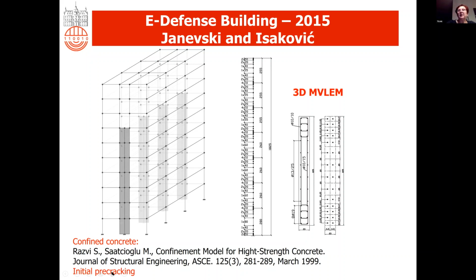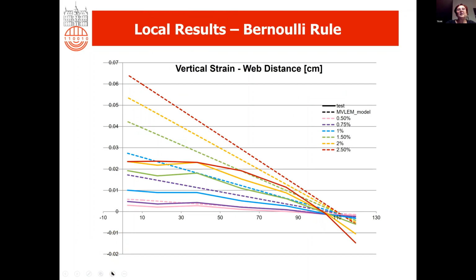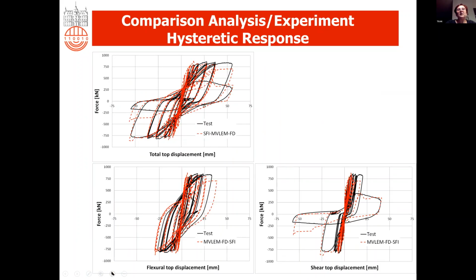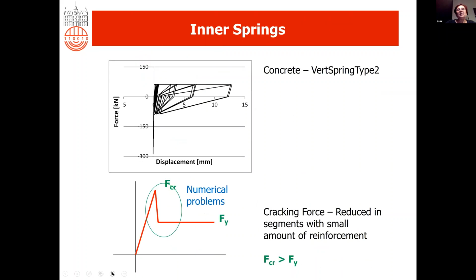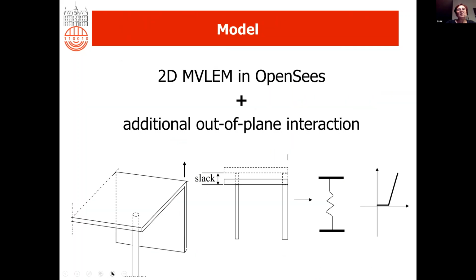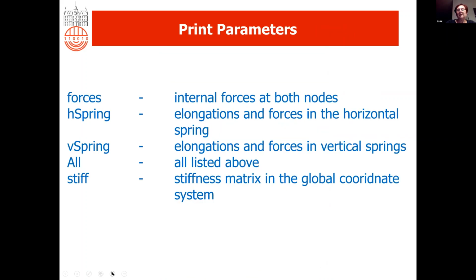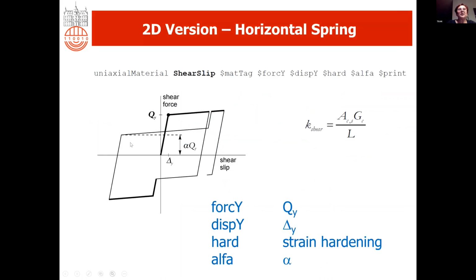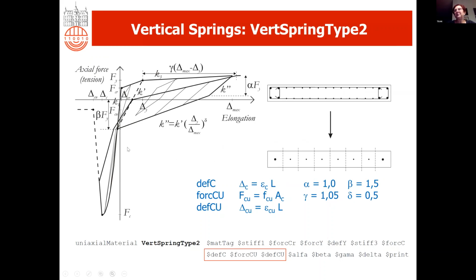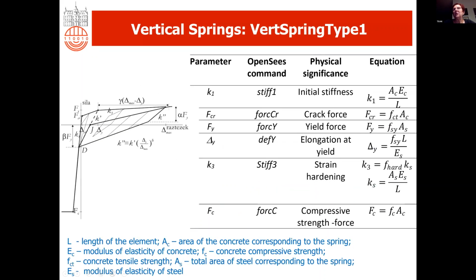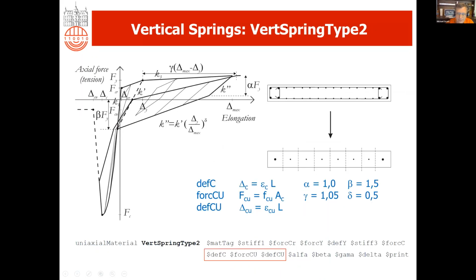And it is very simple to define this reduction, because it is possible to go back to the beginning and simply reduce this K1 stiffness, and that's it. So I guess that is one thing that is different.